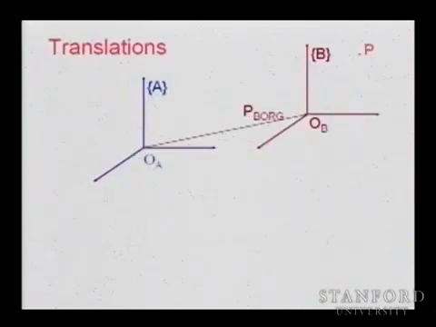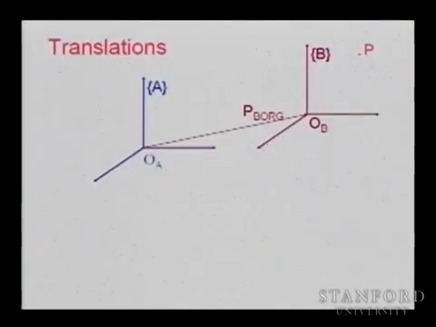In the translation, we are going to start by considering the same problem, but while maintaining the same orientation of the frame. So I'm going to slide this frame and change the location of the origin of the frame.